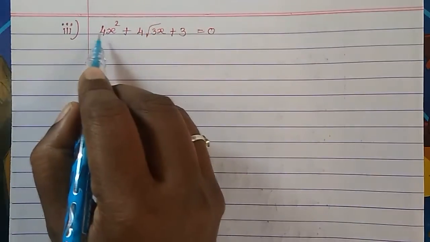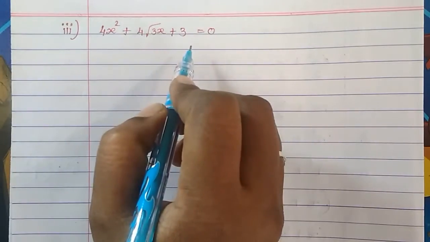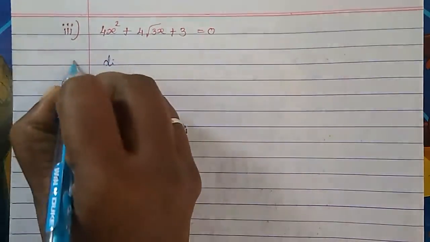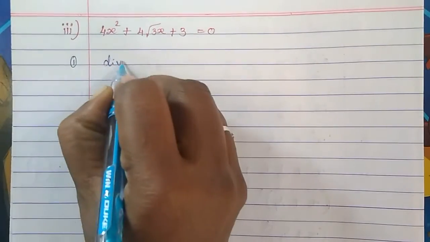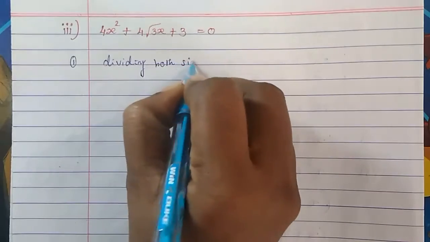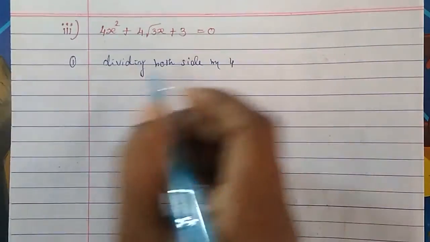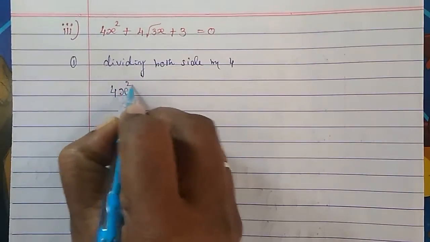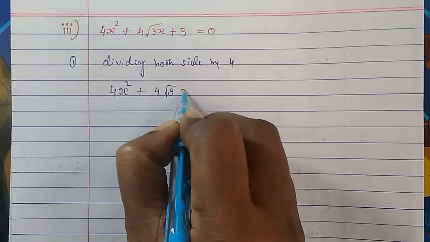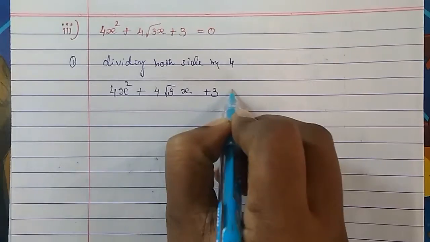For that we'll divide both the sides by 4. That is the first step we have to do, dividing both sides by 4. So that means 4x square plus 4 root 3x plus 3 equal to 0.